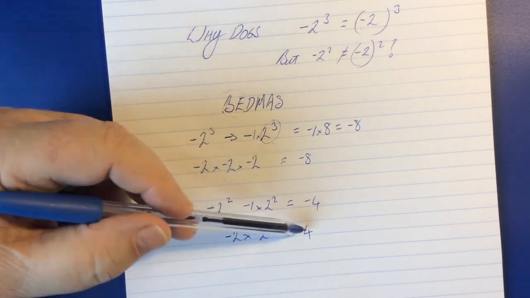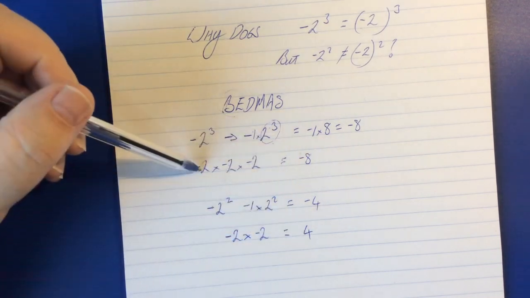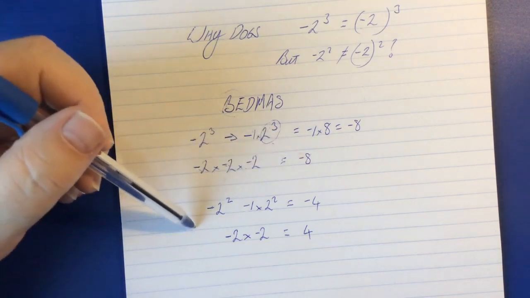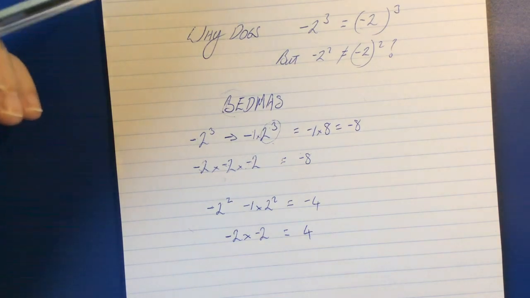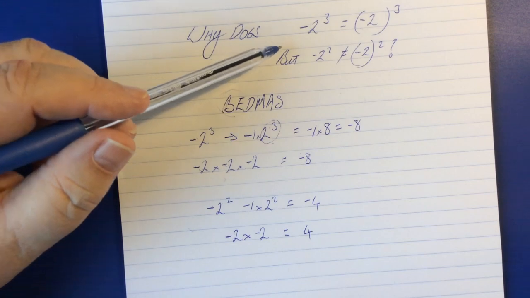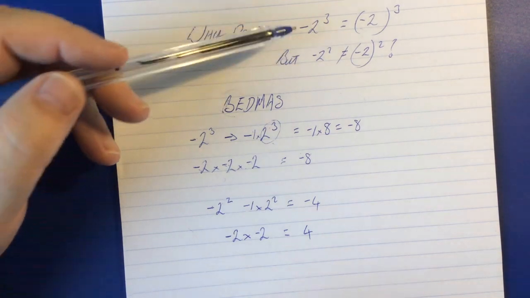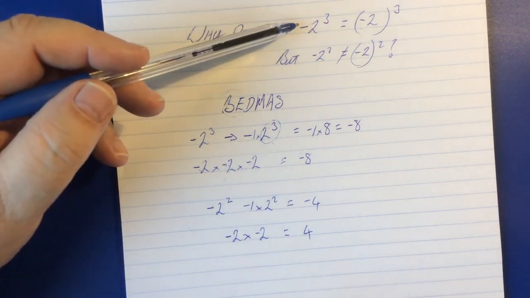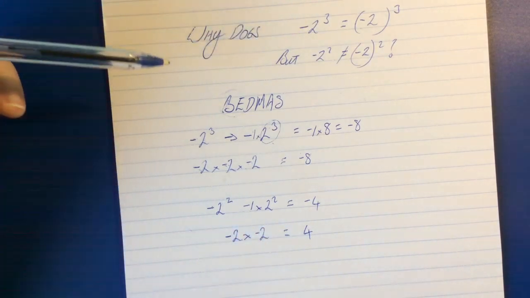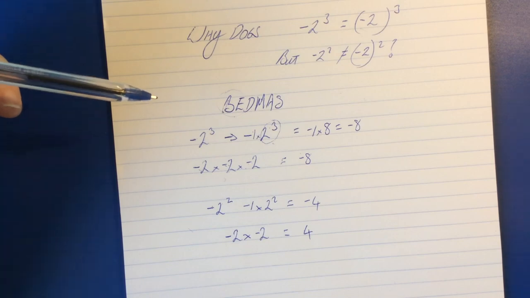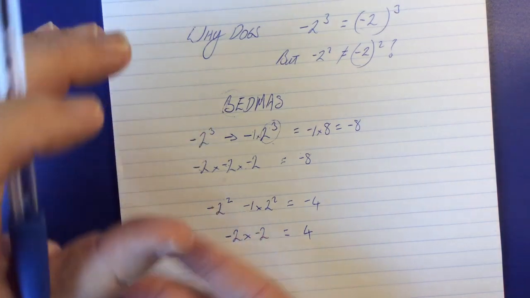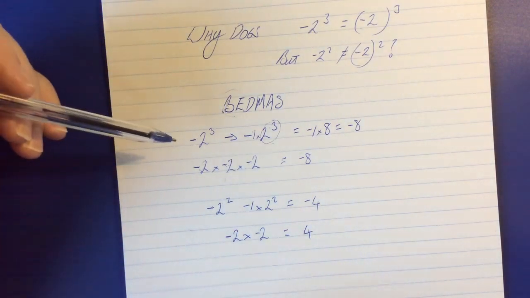The even power gave us 4. Negative times a negative is a positive, times a negative gives us another negative. Okay, that is it. That is why we have the seemingly frustrating series of, what would you call them? I suppose they're just confusing if you don't think about how these things are put together and apply BEDMAS.